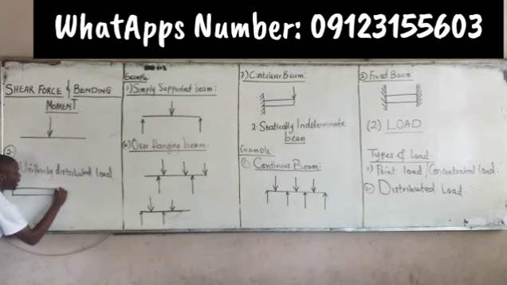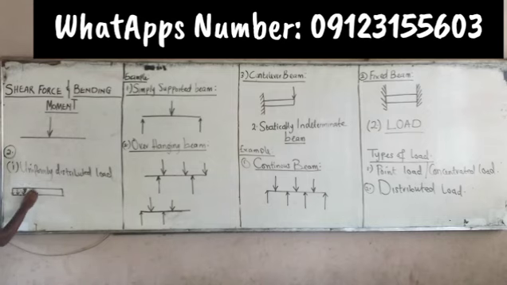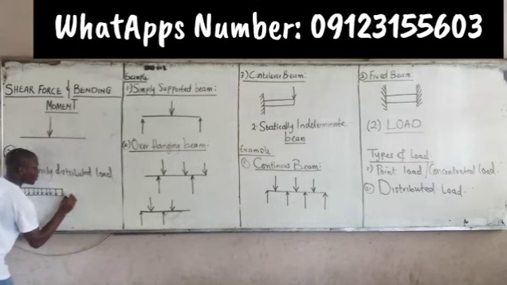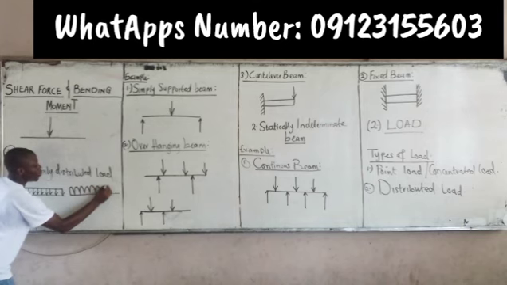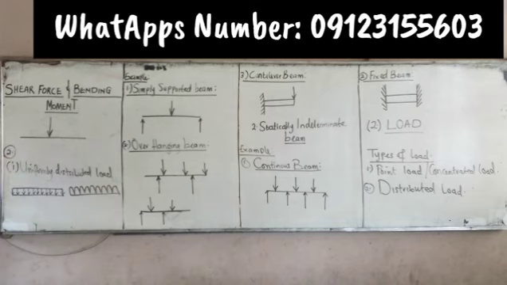Whenever you see a load in this format, it's called a uniformly distributed load. A load in this pattern, or in this format, is still called a uniformly distributed load.